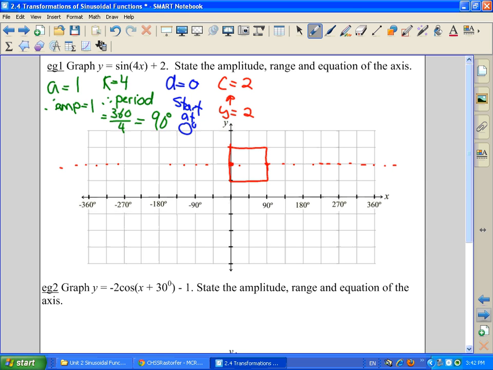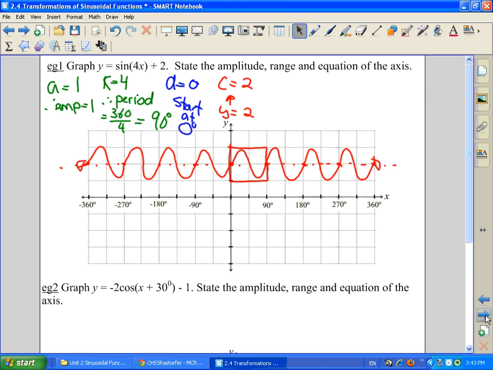You have to go up to an amplitude of 1 and back down, so try to follow that pattern so that it keeps repeating itself as best as possible. We're going to keep doing it on the other side. I always like to highlight my axis so I know where I'm coming from and where I'm going. All right, there's that graph.